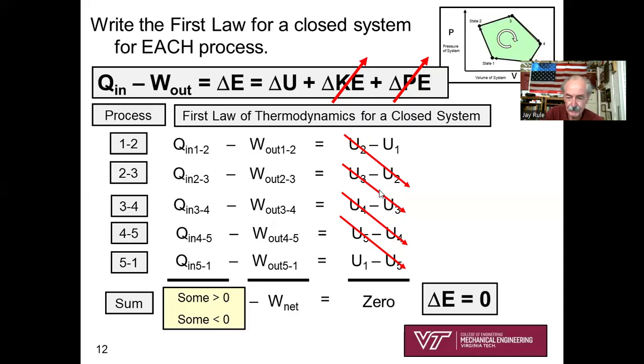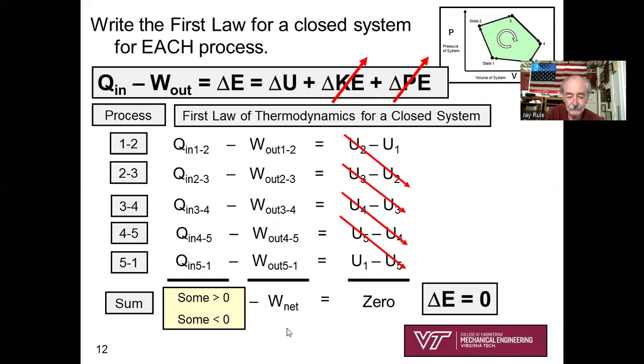Integral PdV. It's going to take Chapter 3 to numerically identify what all these capital U's are. When we get to that point, some of these Qns are going to be greater than 0, and some of these Qns are going to be less than 0. So right now, all I'm going to do is plop down a box, some greater than 0 and some less than 0. You just kind of go with me on that.